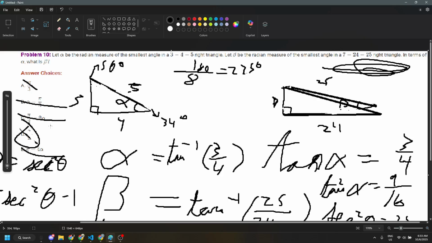And then they just found it's equal to cosine of beta. But I don't know how you know that. They just figured that out.